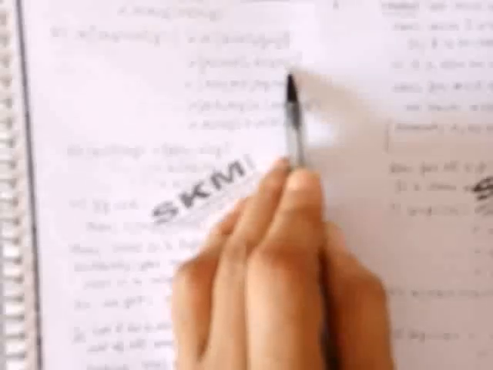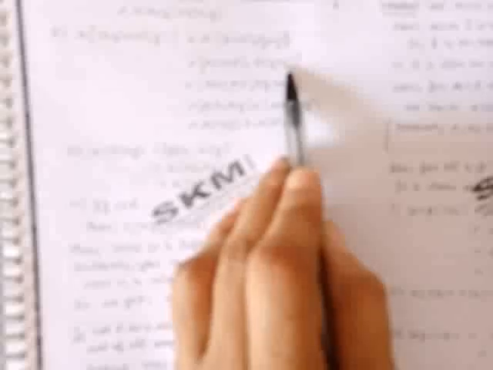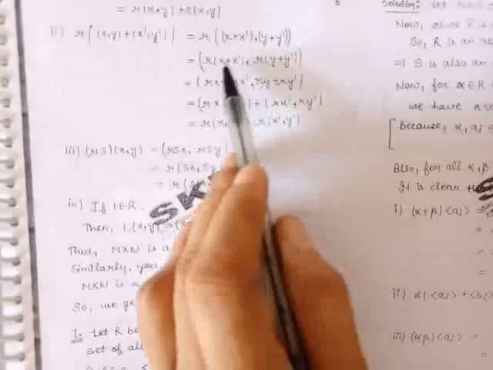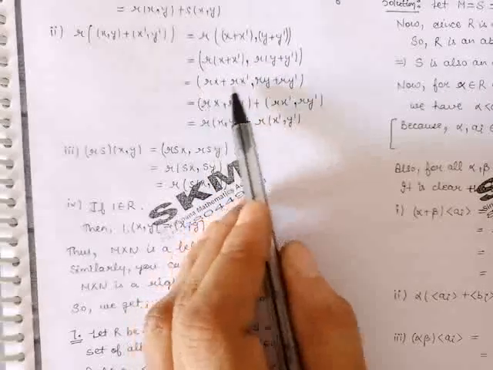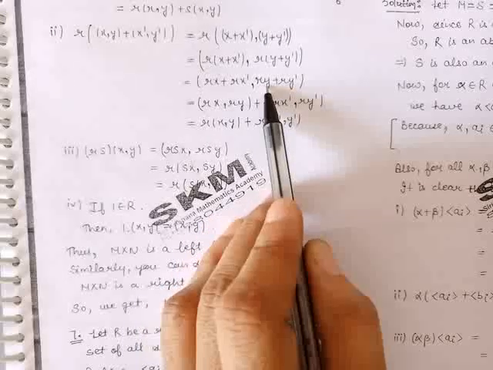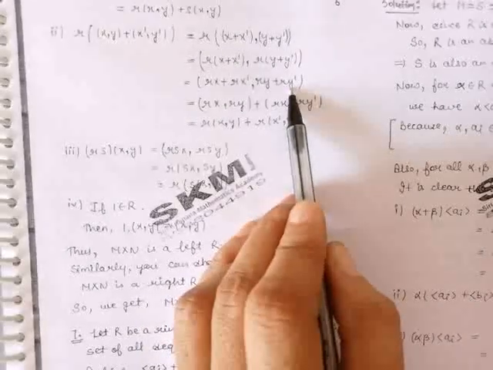Again, because M is a module and N is a module, by their properties this can be written as the ordered pair (rx plus rx dash, ry plus ry dash).